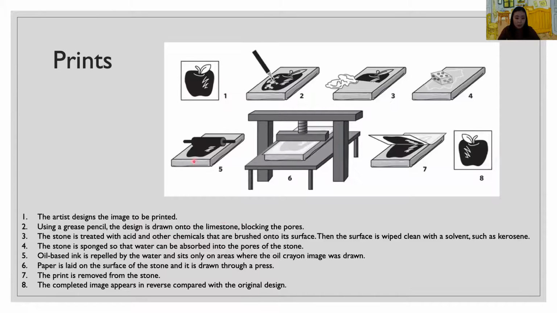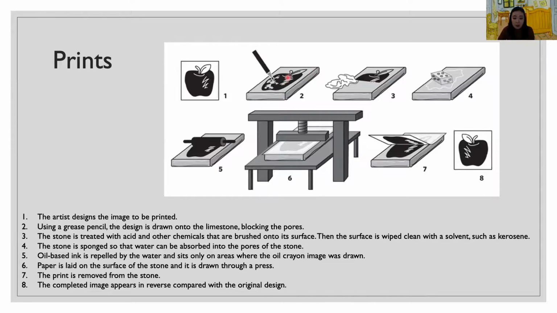So let's see the process. There is an image that an artist wants to print, and this is a grease pencil based on oil. Using this grease pencil, the design is drawn onto the limestone. This is a real stone. For lithography, most artists use limestone.